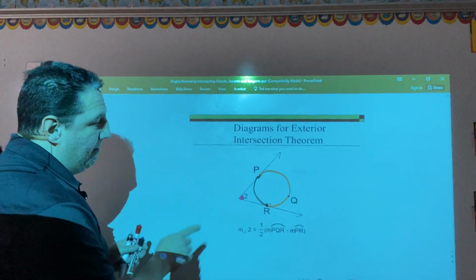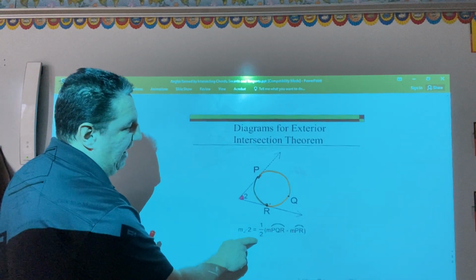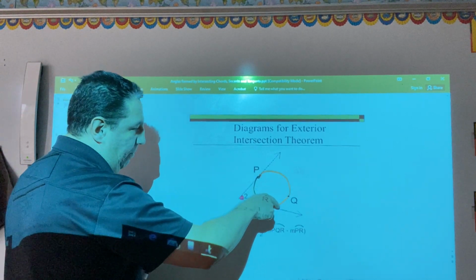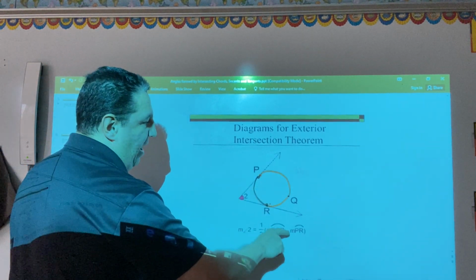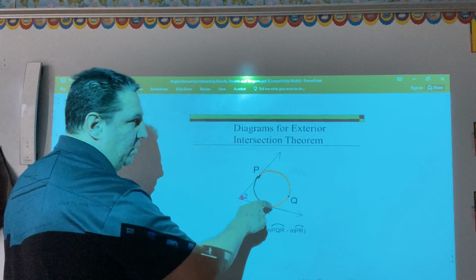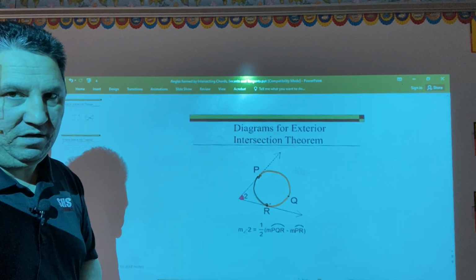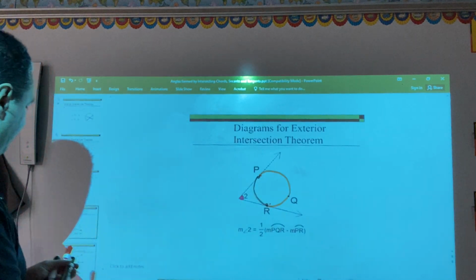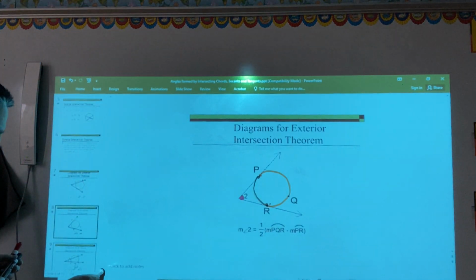So again, the measure of angle 2 would be half of the measure of arc PQR minus the measure of arc PR. So we make the difference and divide by 2.